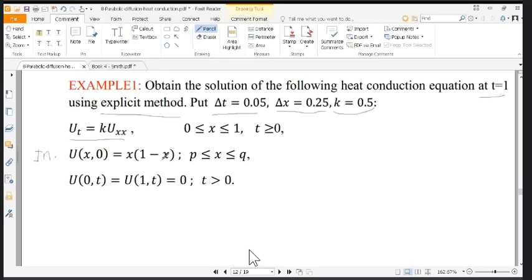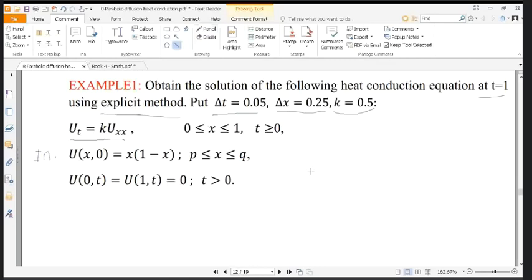For all points at the initial condition, we use u of x and 0 equal to x times (1 minus x).